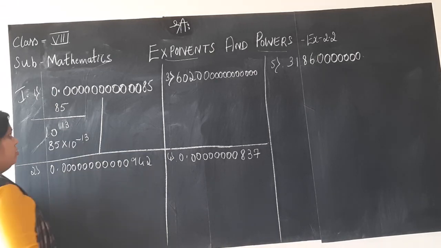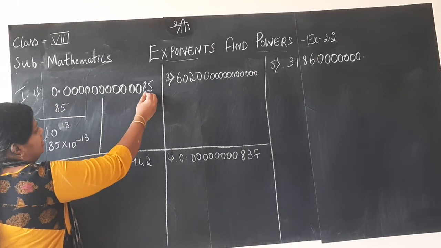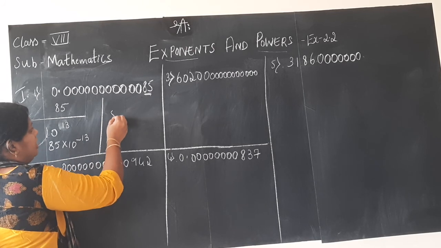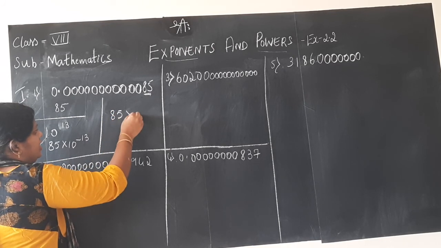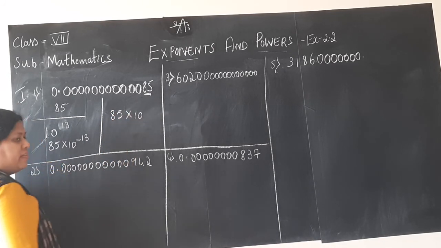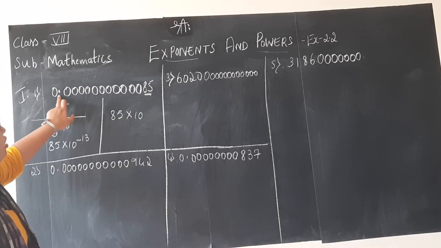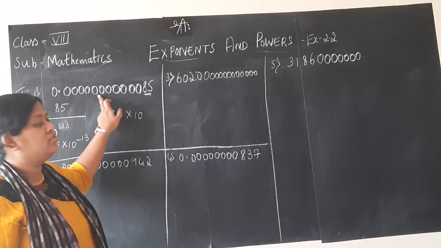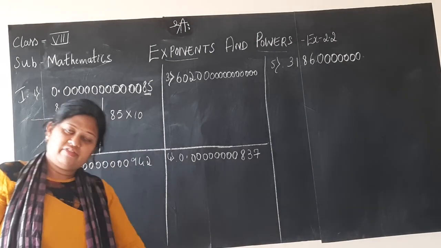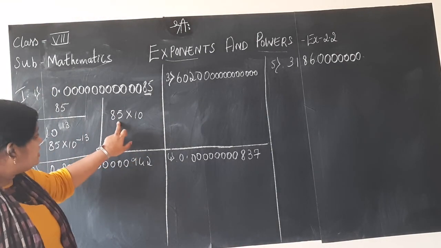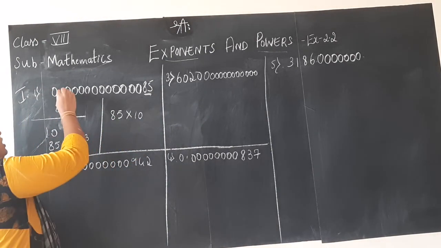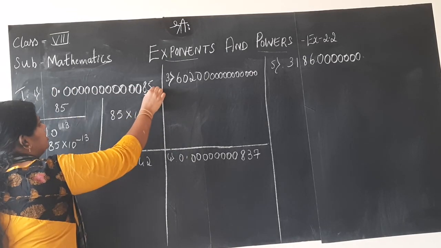The second method: whatever the end number is, you write that number as it is, into 10 to the power something. To make 0.000000085 into 85, I should bring the decimal point to this end.